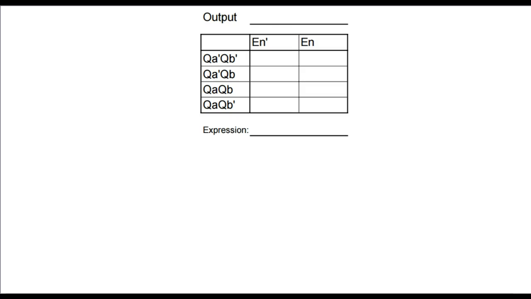So here we're going to find the output for dB, and I'm just going to make a little notation in here. 0, 1, 2, 3, 6, 7, 4, 5.